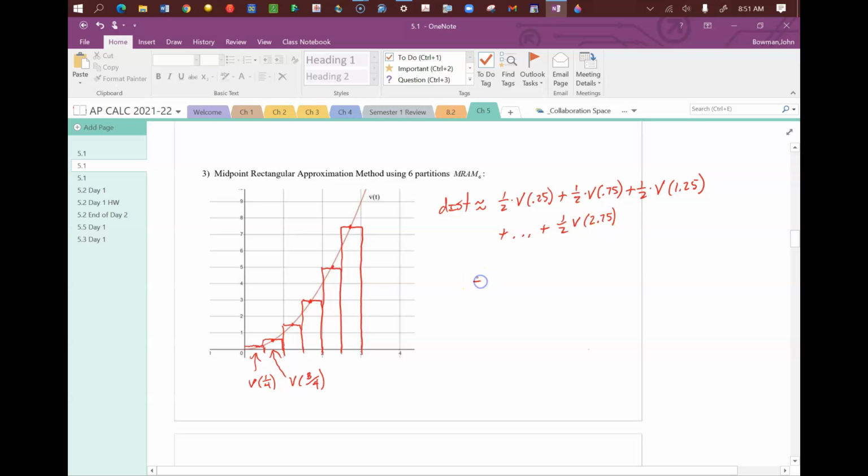And it turns out that that is equal to 1/2 times 17.875, or 8.9375 inches.